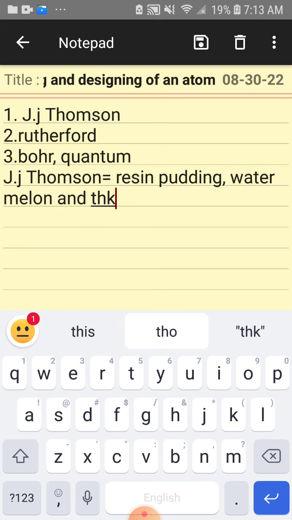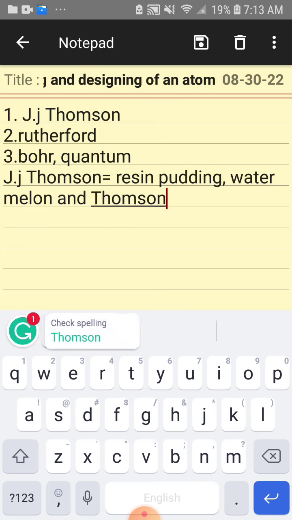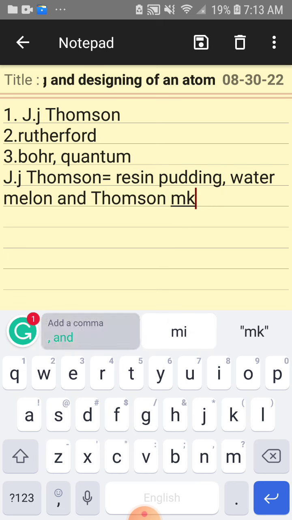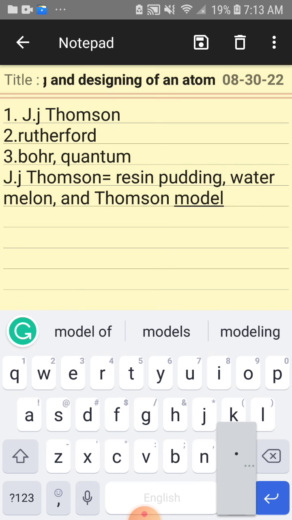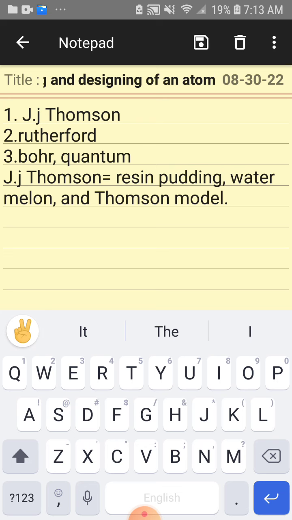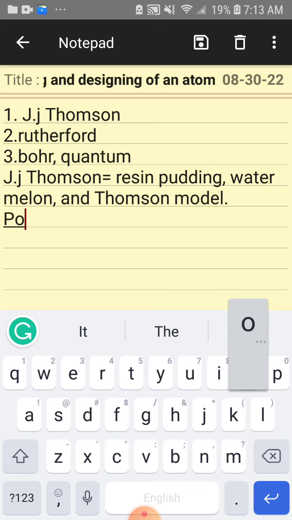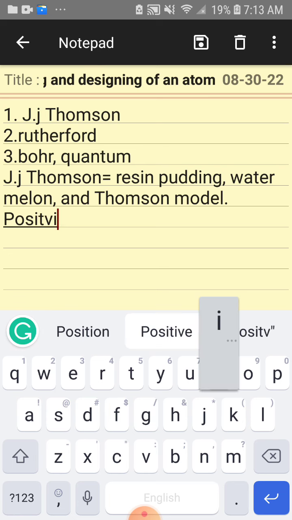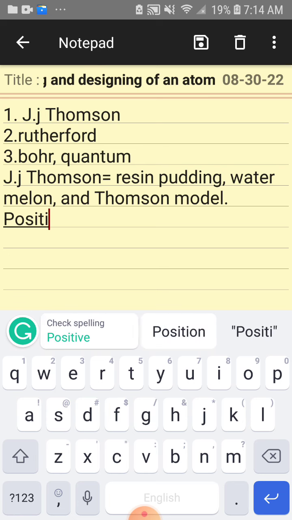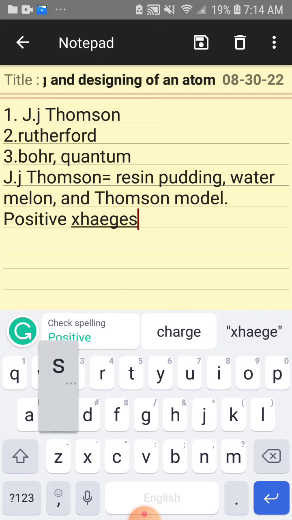The Thomson model. This scientist was involved in designing the structure of an atom. Thomson said that positive charges are uniformly distributed in an atom.